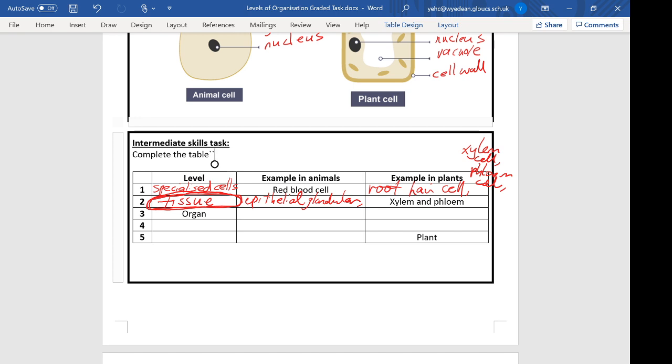Next one up, the level they've already given me, so I just need to come up with some examples in animals and plants now. So you can think of any specific organ in the human body, and I'll go with, say, the stomach, or let's say lungs. Now, plants actually have organs as well.